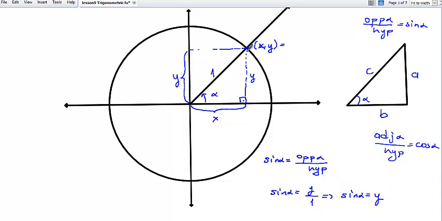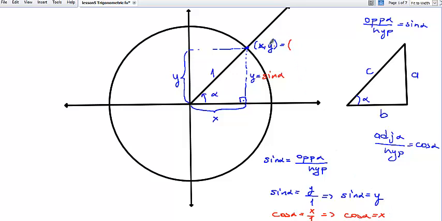This means on the unit circle, the y values are sine alpha. For cosine alpha, which is adjacent over hypotenuse, it is x over 1, so cosine alpha is equal to the x value.